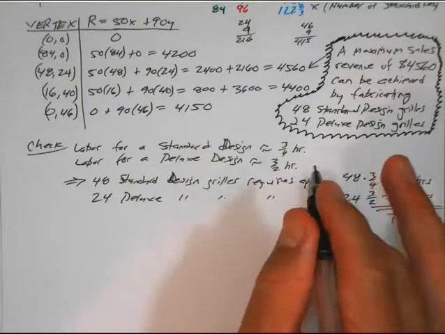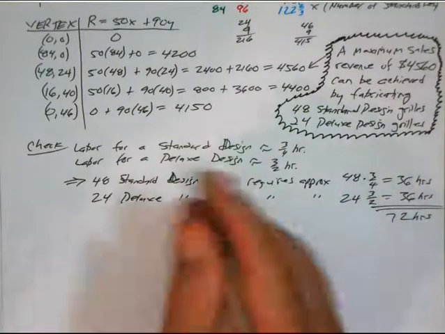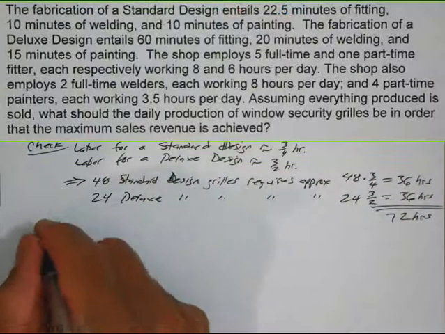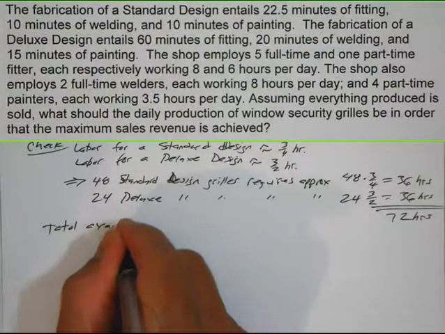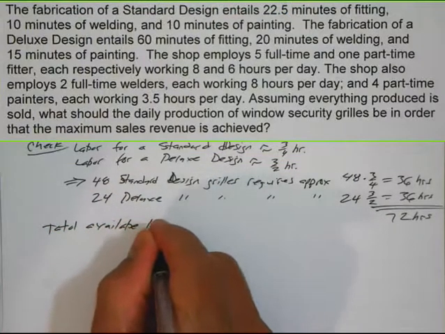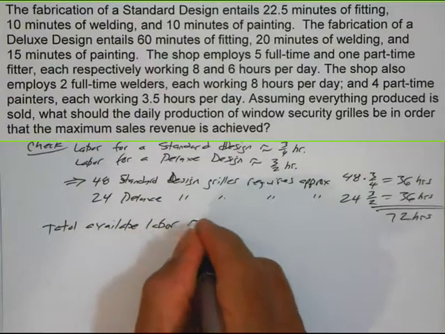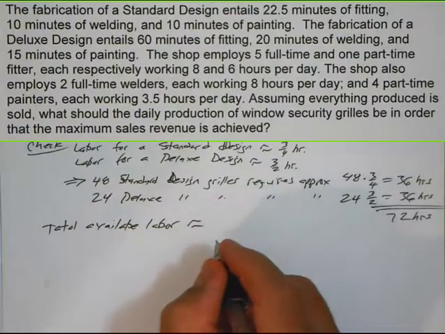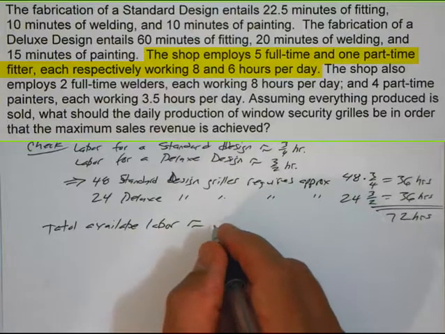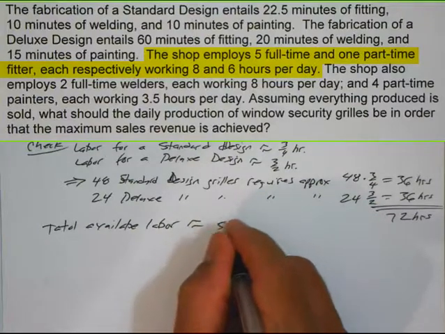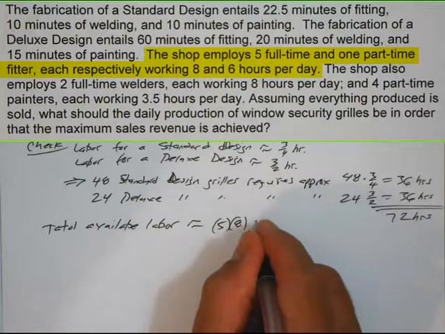The total available labor, this is all for one day, of course, approximately equals, what have we got here? Back to the information. We have the fitters, 5 full-time, 1 part-time. This is easy to do pretty exactly. So we got 5 by 8 plus 1 by 6.